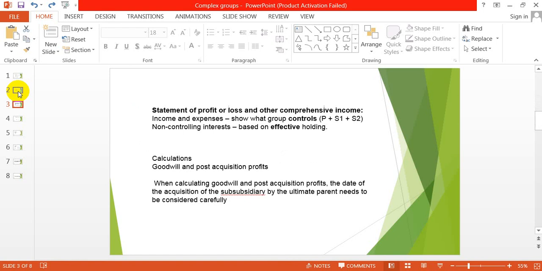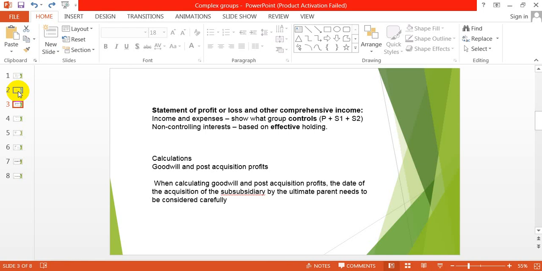In the statement of profit or loss, we will show what the group controls. The non-controlling interest again will be based on the effective holding.